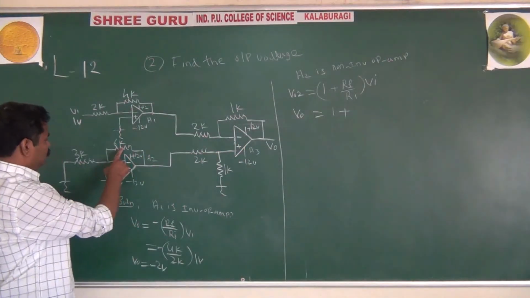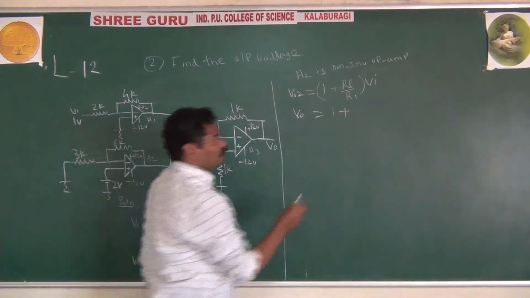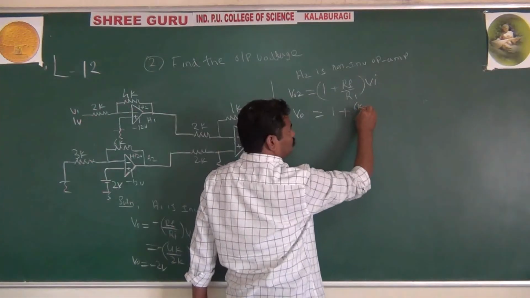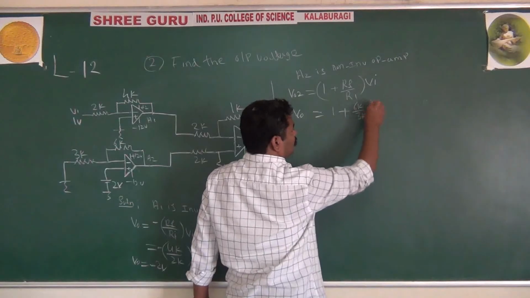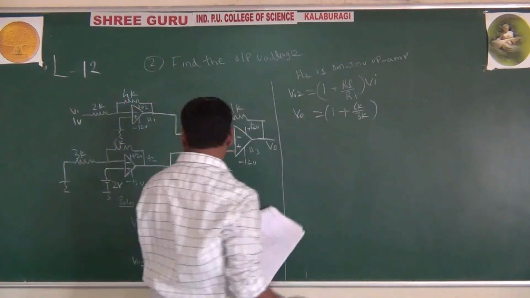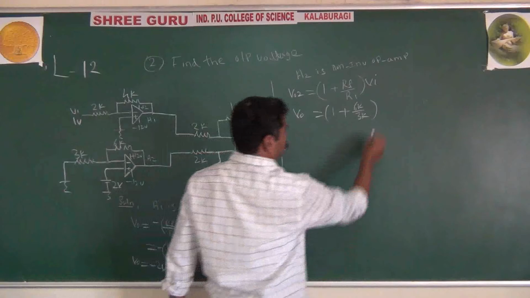That is 6k by 3k, and into how much is our input? That is 2 volts.